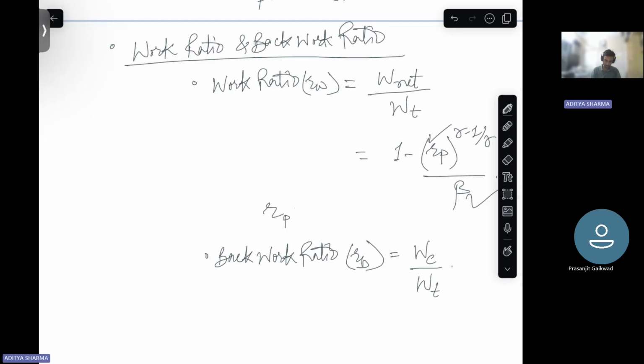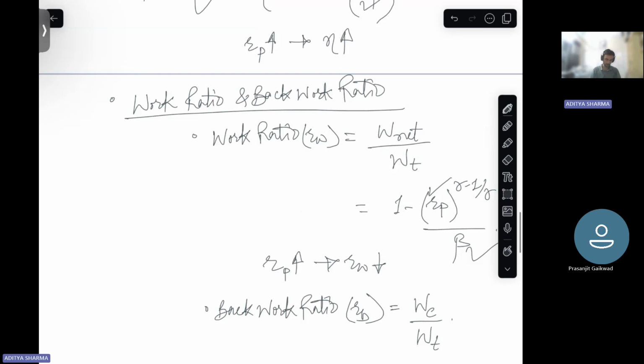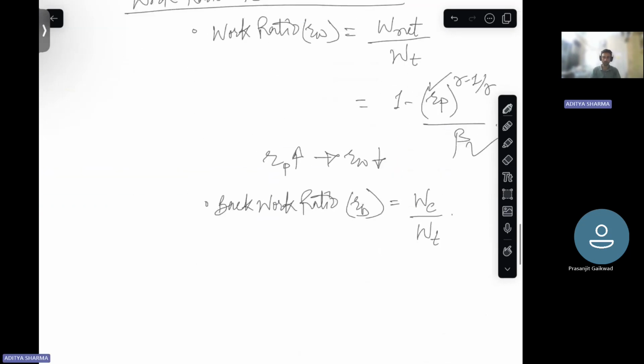So for increase in RP, your RW will reduce. So these are the relations with respect to your pressure ratio, for your efficiency and work ratio.